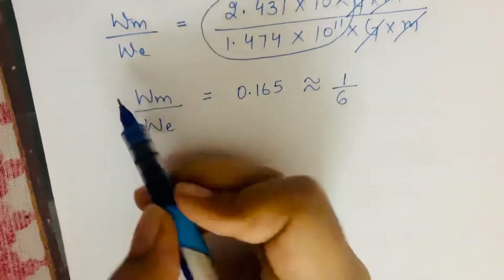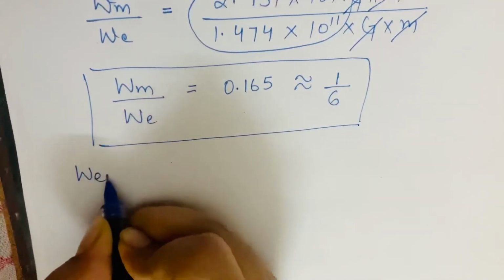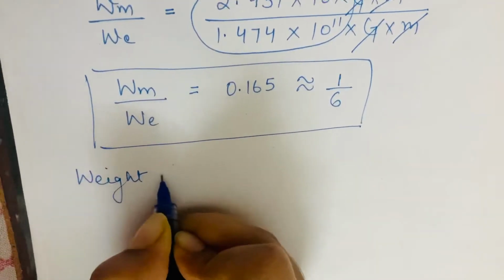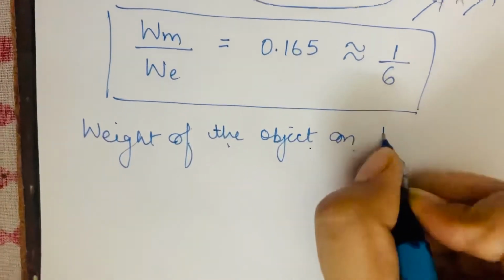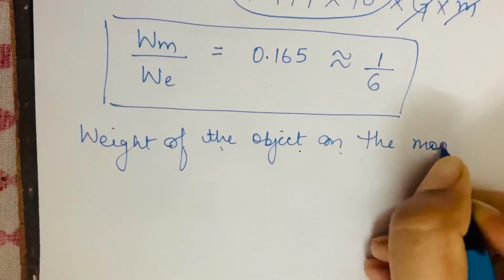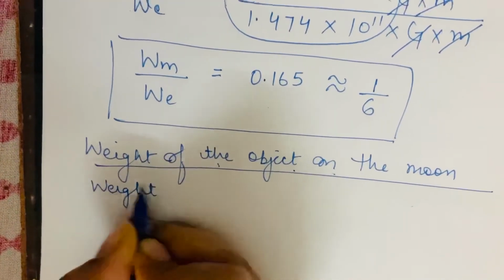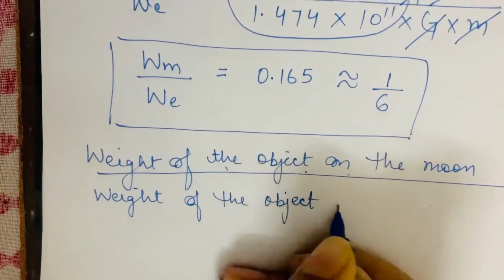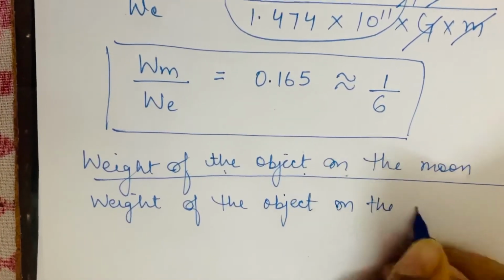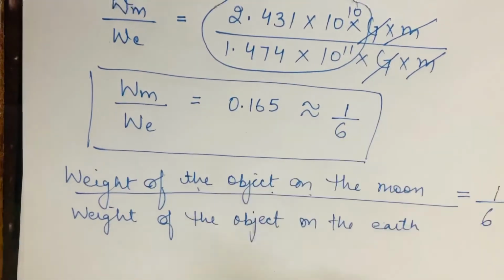So what is the result? The result came out to be that the weight of the object on the moon upon the weight of the object on the earth is just equivalent to 1/6.